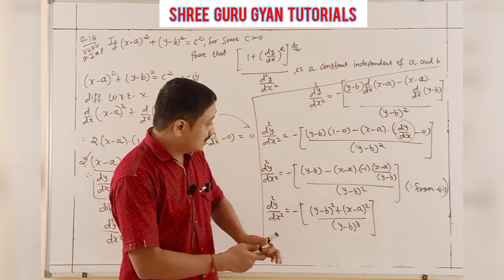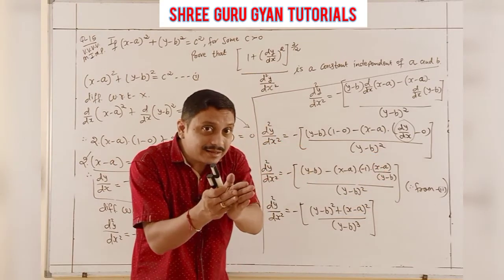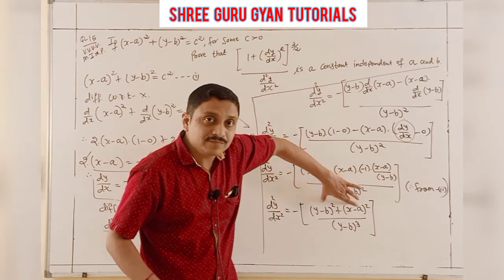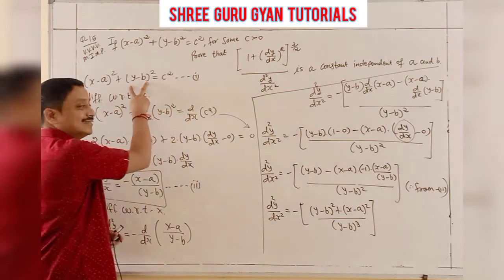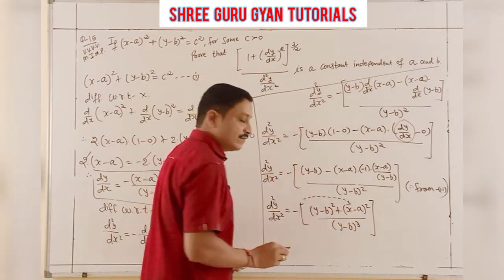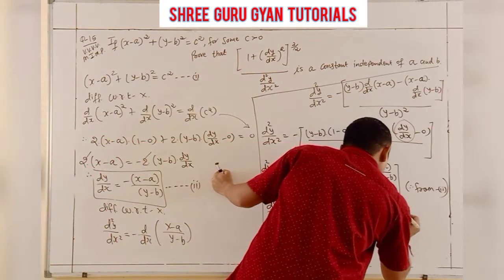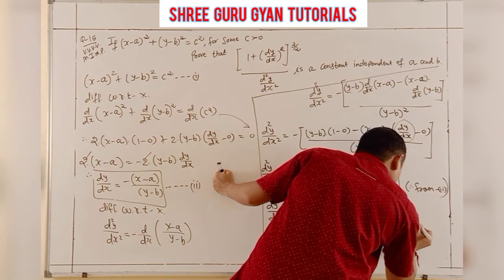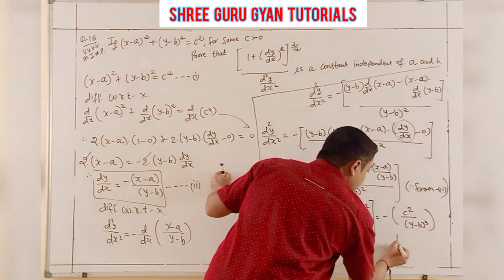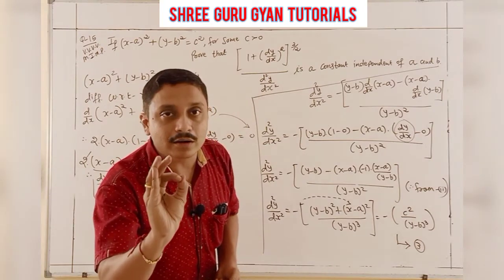(y minus b) cube, this square and this the LCM multiplied. And students, these two values are already known from equation 1. So this data I put down as c square. So here c square by (y minus b) cube, and I declare it as equation number 3.